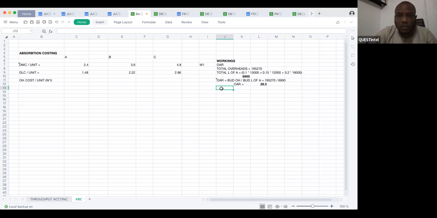Now we'll do our overhead per unit. So for A, that's our overhead absorption rate, 28.3, multiplied by how many labor hours we need for A. We're absorbing based on labor hours, so 0.1.